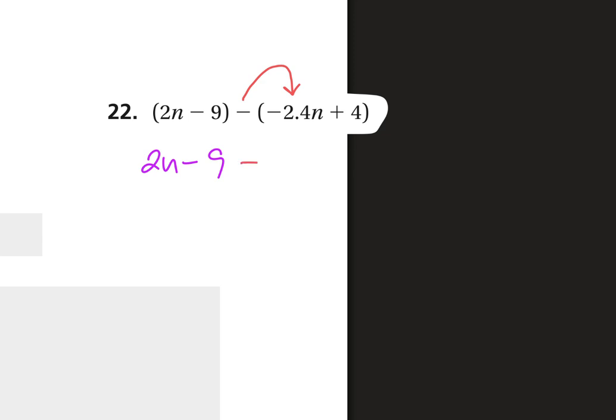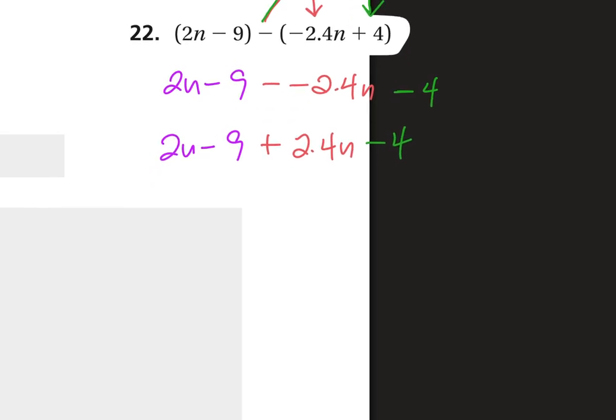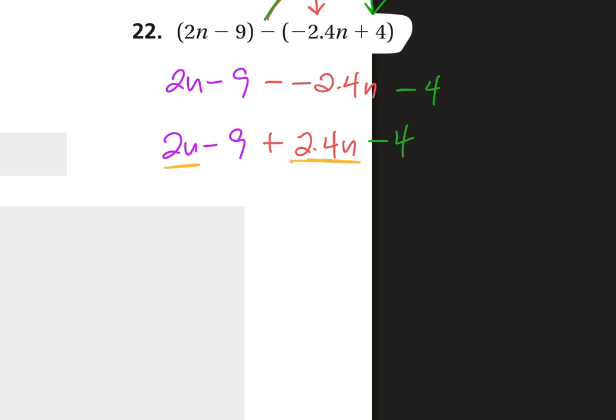You can either do this in your head or you can write negative 2.4n minus 4. Here we can now simplify what we've written to look like that, yeah? Combine like terms. There's 2n and 2.4n. That's 4.4n. There is negative 9, negative 4. That's negative 13.